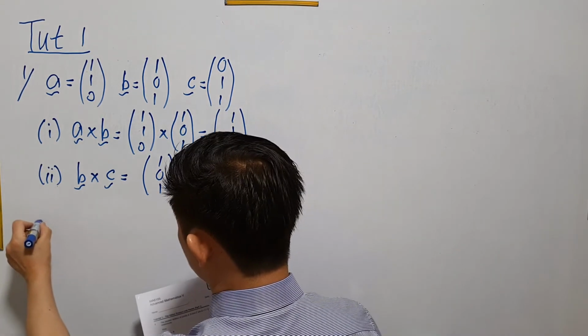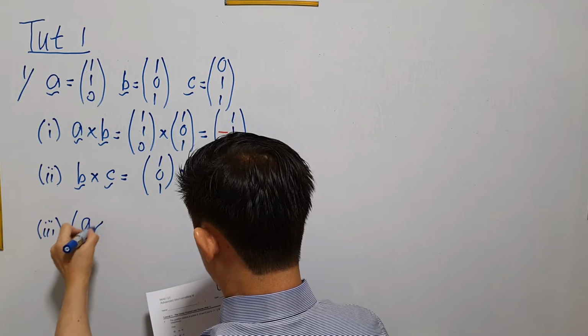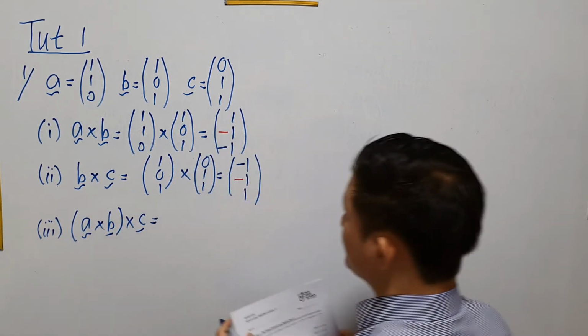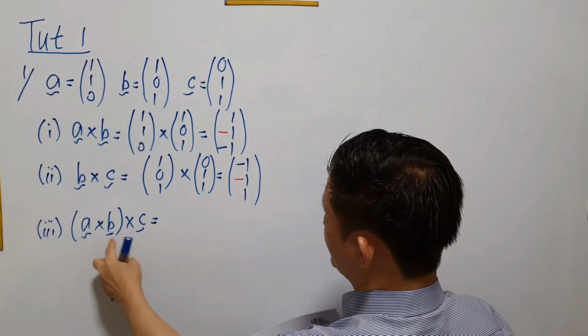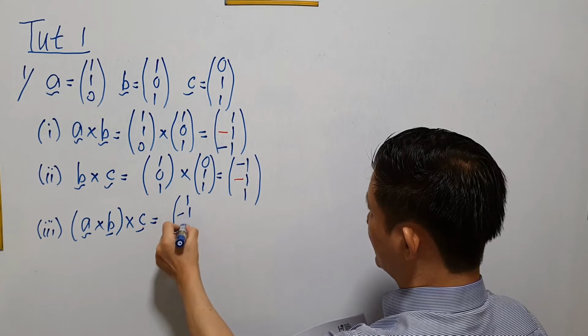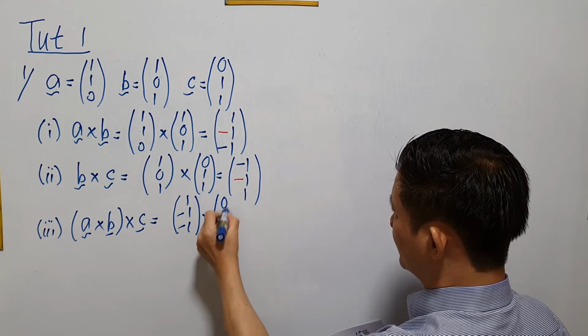Then part 3, you have A cross B cross C. So you're supposed to do A cross B first. A cross B is this vector, which is 1, minus 1, minus 1, cross with the vector C, which is 0, 1, 1.